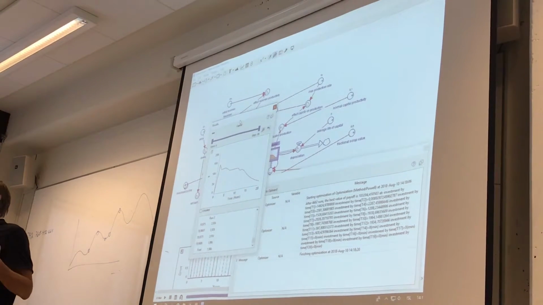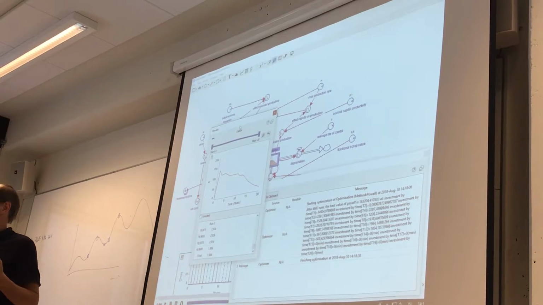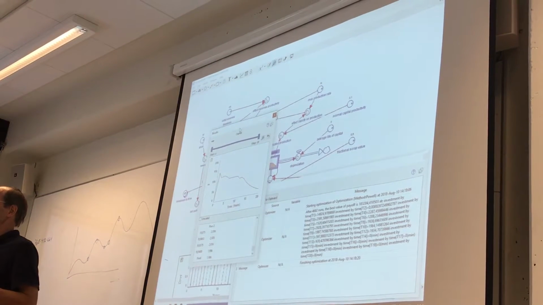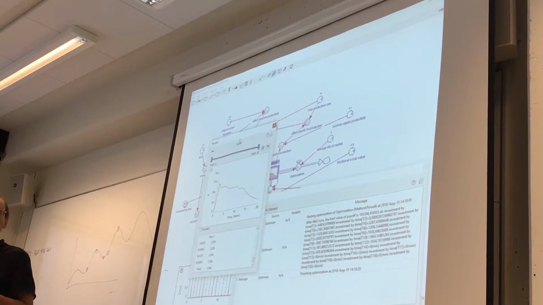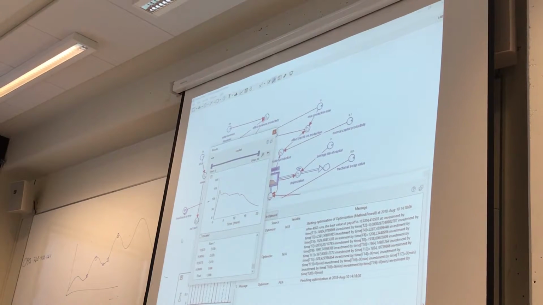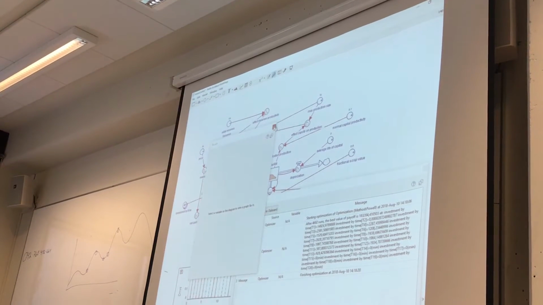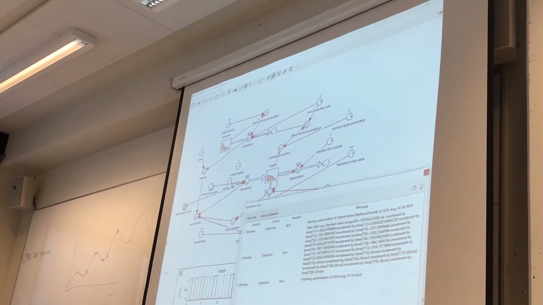So what do you think happens here if you increase the discount rate? Now we have good intuition for it. The discount rate is, let me actually look. So discount rate is 3%, yes.